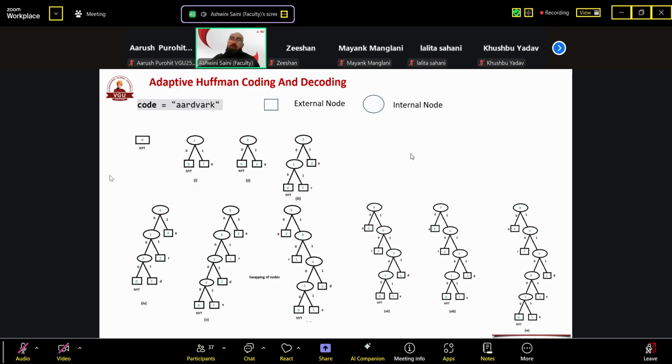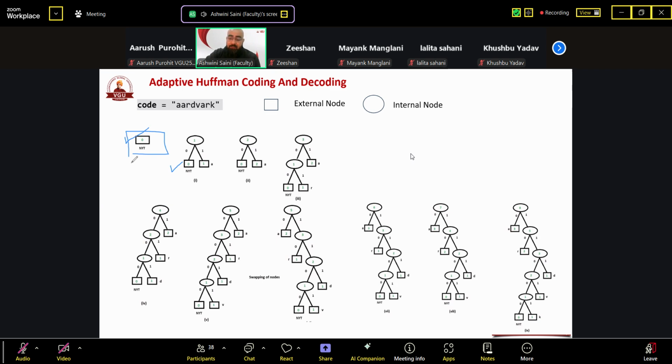You have to understand what I'm saying. NYT is required when a new symbol comes, like here where we are starting. If we are starting, there is no symbol yet transmitted, so we start with NYT. NYT always has a weight of 0.